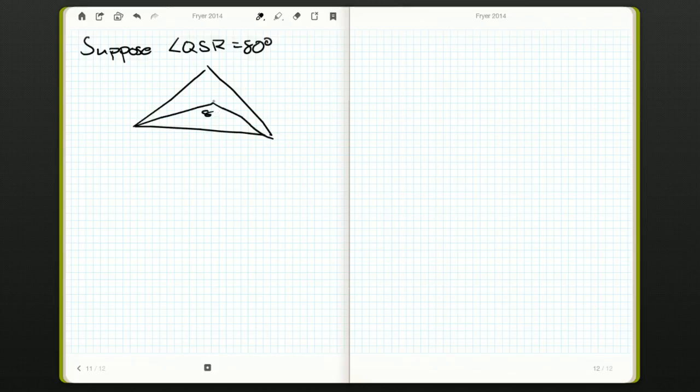So we get 80 degrees in here. So let x be these angles here, SQR and SRQ.